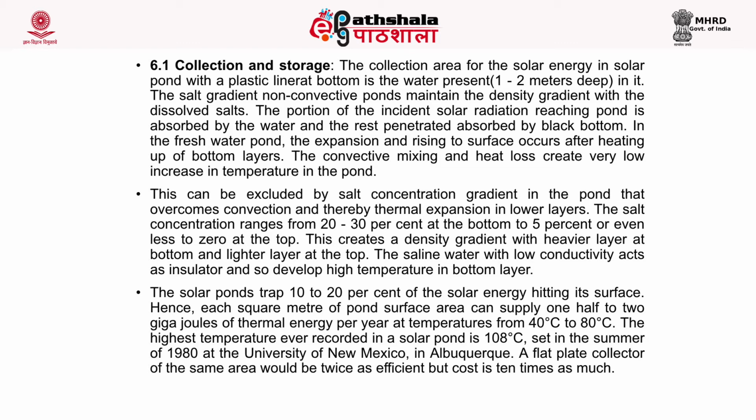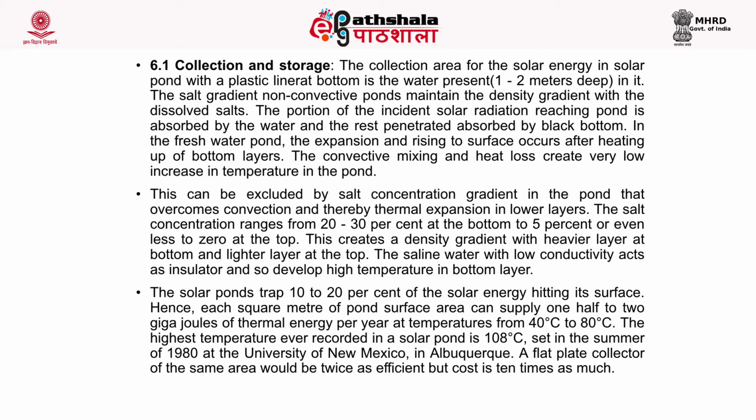In a freshwater pond, expansion and rising to the surface occur after heating up of the bottom layers. The convective mixing and heat loss create a very low increase in temperature in this pond. This can be avoided by the salt concentration gradient in the pond, which overcomes convection and thereby thermal expansion in the lower layers.